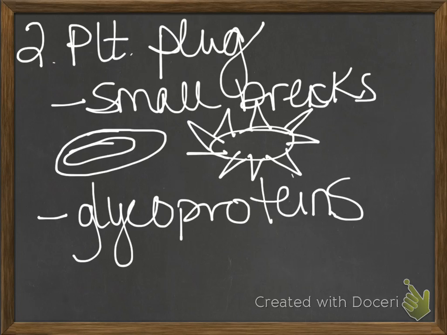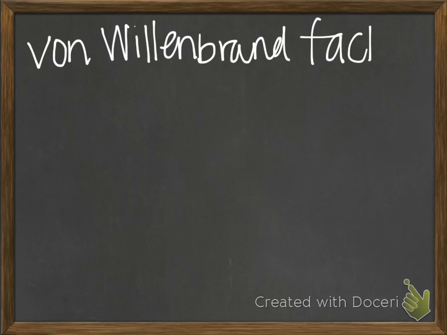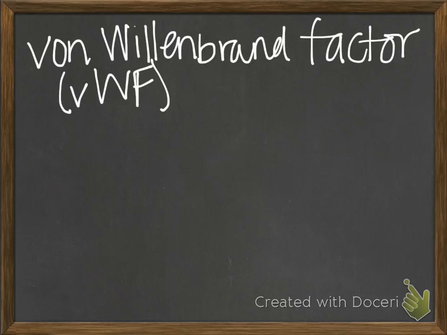So in order for that platelet to really adhere, they've opened those glycoprotein receptors, they've made themselves spiky and sticky, but they need one more thing, and that is what we call von Willebrand factor. And we can abbreviate it like that.